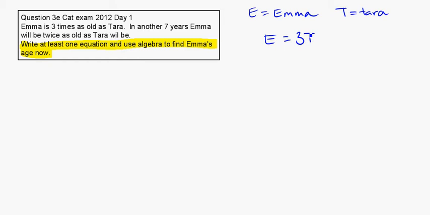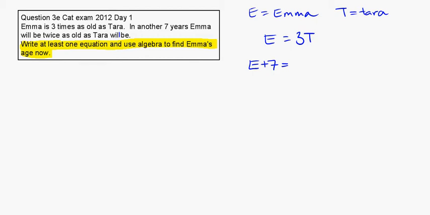So that's one equation, and that describes that first sentence. So let's look at the second one. In another 7 years, Emma will be twice as old as Tara will be. Okay, so 7 years from now, that means they're 7 years older than they are currently. So that would be Emma plus 7 years from now.